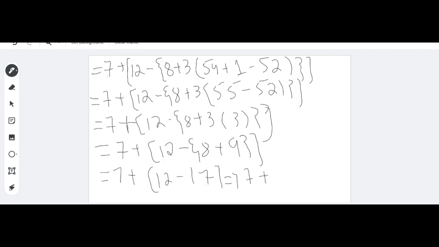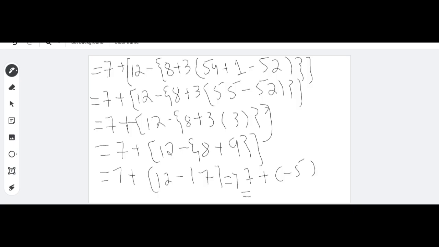Yes, you gave me the answer, 12 minus 17 is 5. But according to the rule, we have to put the sign of the bigger number with the answer. Here 17 is the bigger one, and 17 got the minus. So the answer will be minus 5.